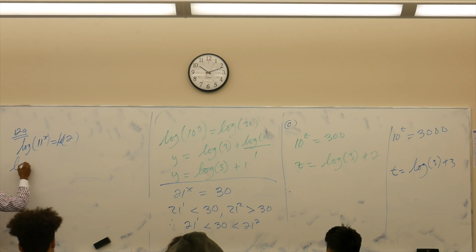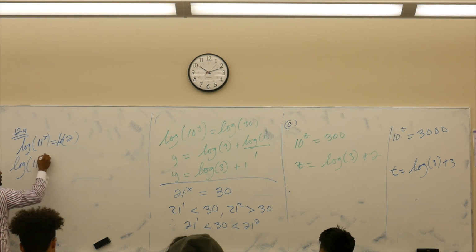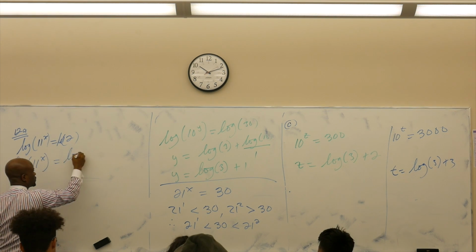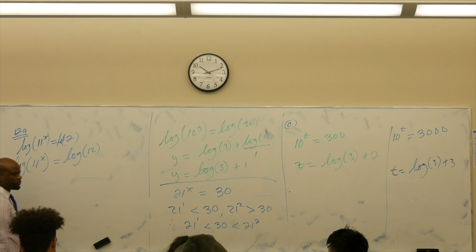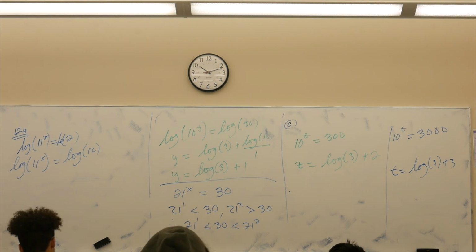So we have the log of 11 to the x is equal to the log of 12. Now, if this was 10 to the x, our answer would just be x, right? But it's not.